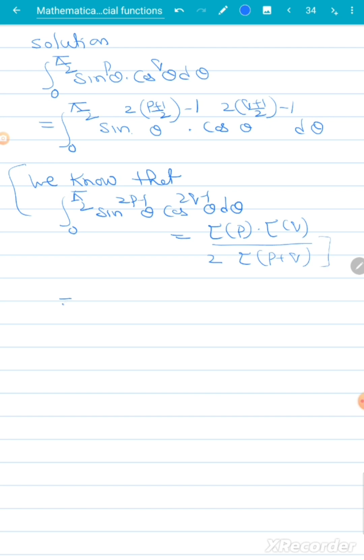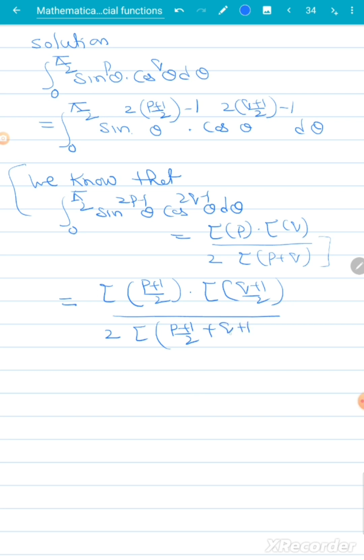So this can be written as gamma of p means (p plus 1) by 2 into gamma of q means (q plus 1) by 2, by 2 into gamma of (p plus 1) by 2 plus (q plus 1) by 2.